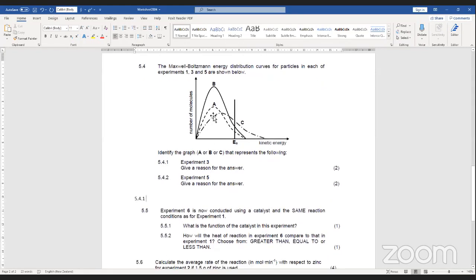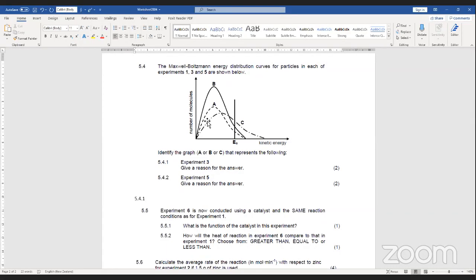Do you think it's A, B, or C? So remember, the area under the curve is the number of particles, and we are increasing. Yes, it is going to be B, because we're increasing the number of particles. So what happens when the number of particles increases? Your curve is going to be bigger.